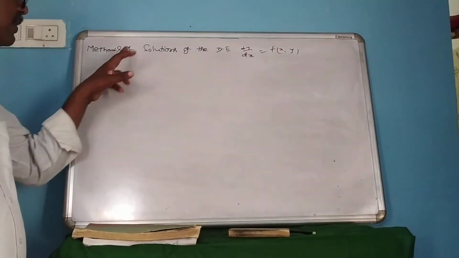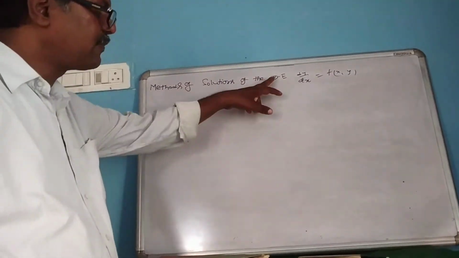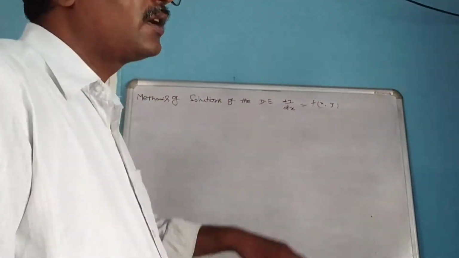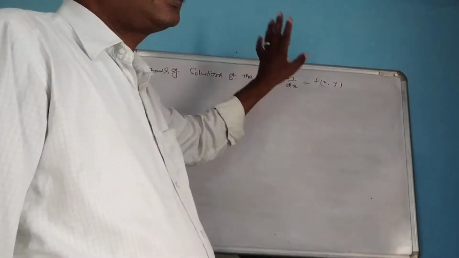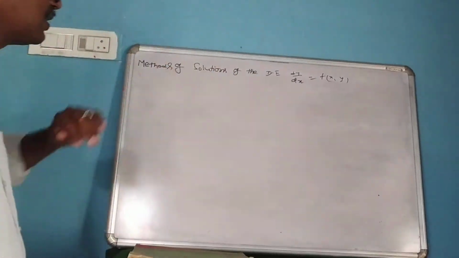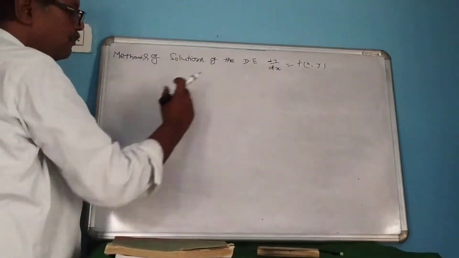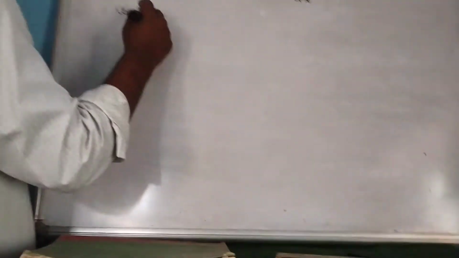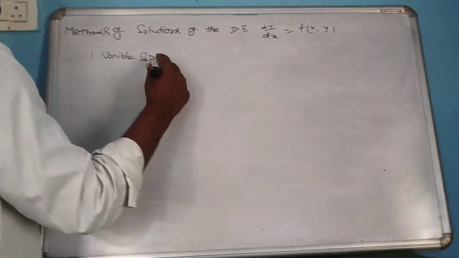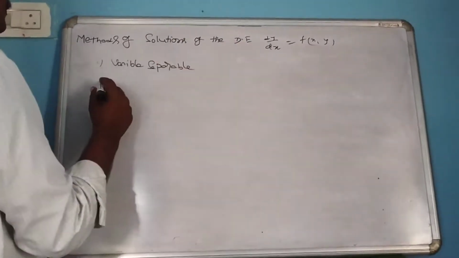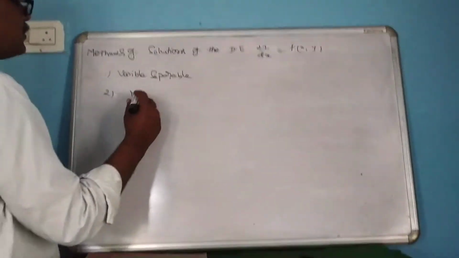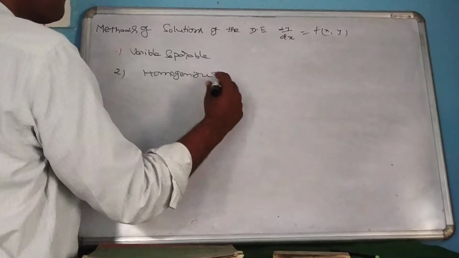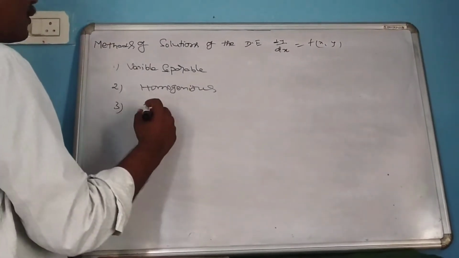Friends, methods of solutions of differential equation dy by dx is equal to f of x, y. This is a first order and first degree differential equation. This equation can be solved by using the following methods. First one is variable and separable. Second one is homogeneous. Third one is non-homogeneous.